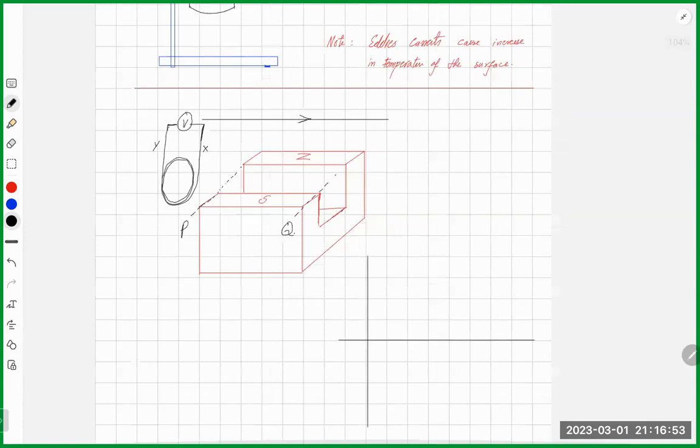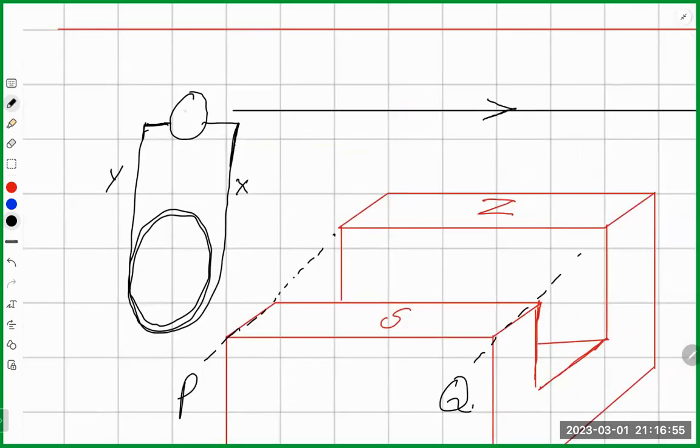Or my micro V, which is a very sensitive voltmeter. This is point B.